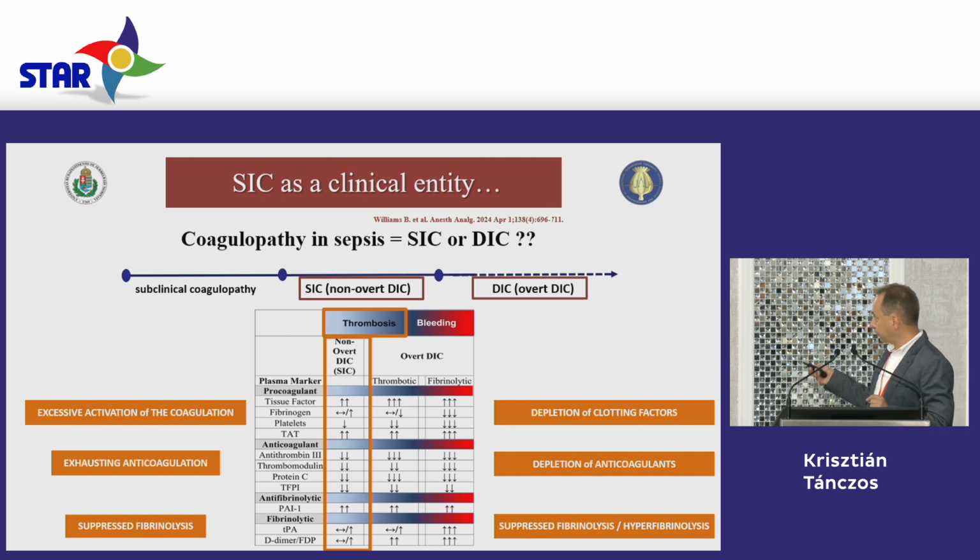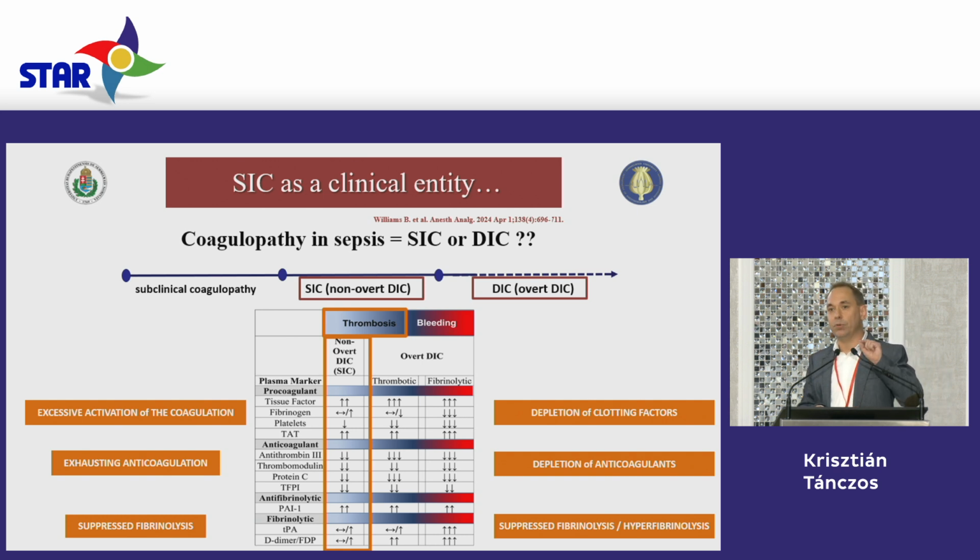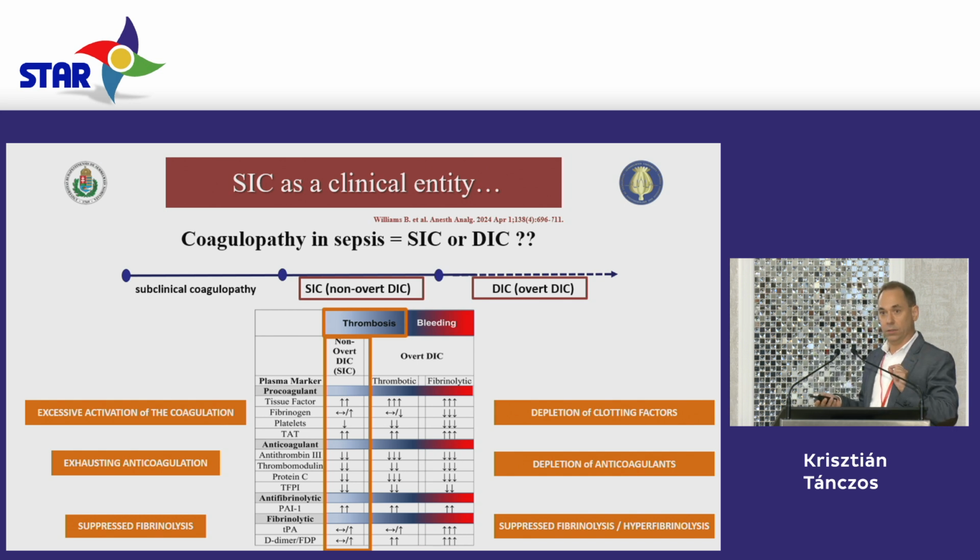And it is the observation that this SIC, this non-overt DIC, often precedes the thrombotic phenotype of DIC. And this observation is very important because it has a clinical significance.